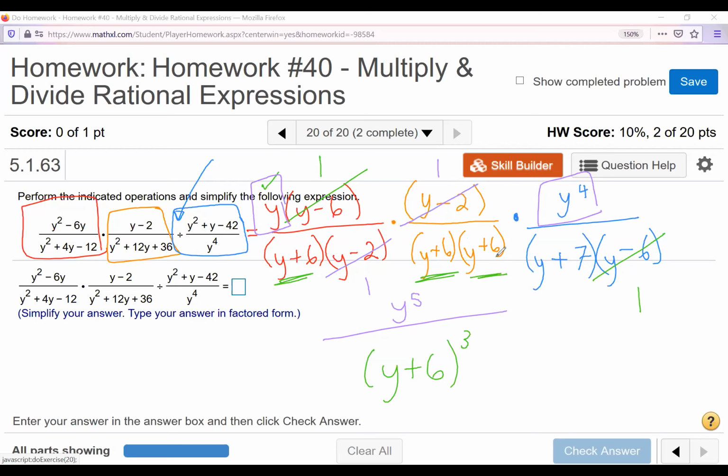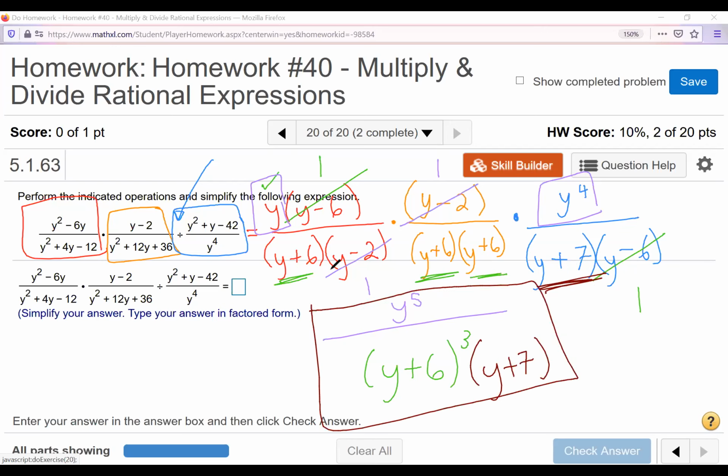There's 3 of them, so we can write y plus 6 to the 3rd power. And then the last part that I hadn't written yet was this y plus 7. There's only one of them. Nothing will cancel it out, so we're going to keep it where it is in the denominator. And I think we have it. So our final answer is, as one single fraction, y to the 5th over y plus 6 to the 3rd times y plus 7.